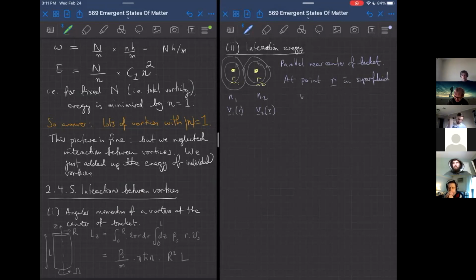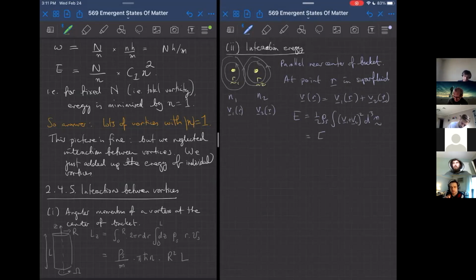Then the velocity there is just the sum, V1 of R plus V2 of R, like so. And the energy of the system is just 1/2 rho s times the integral of (V1 plus V2) squared d3R, like so. And we can expand that.